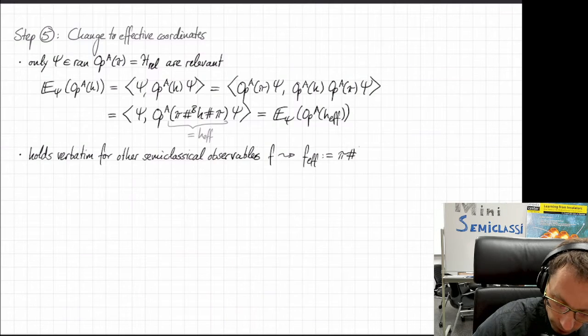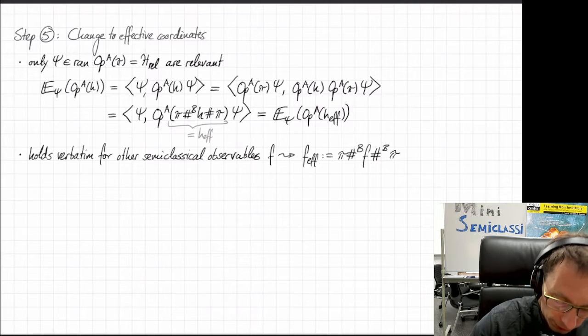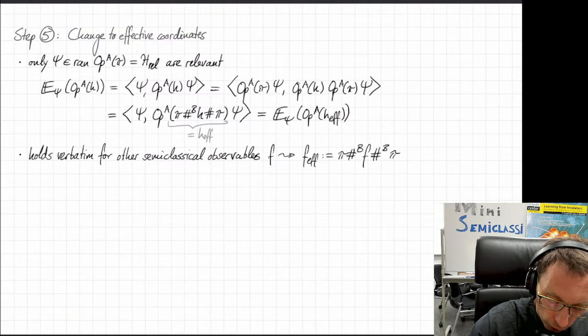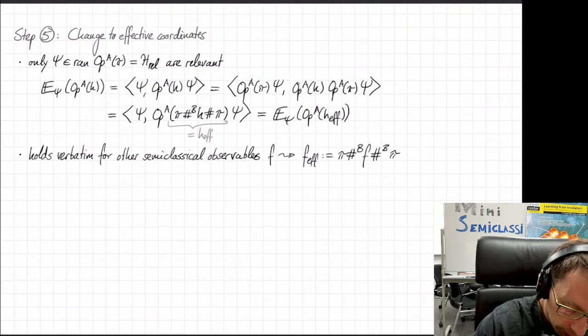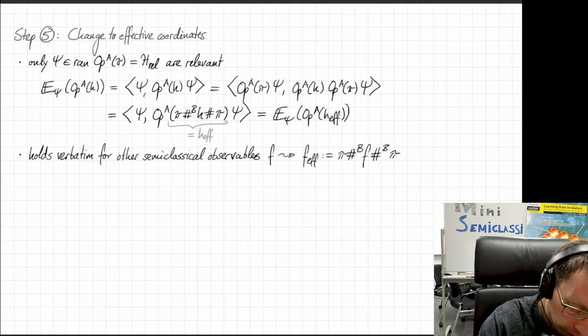And as you can imagine, if you want to compute something like position expectation values and so forth, you will have to sandwich everything with projections.